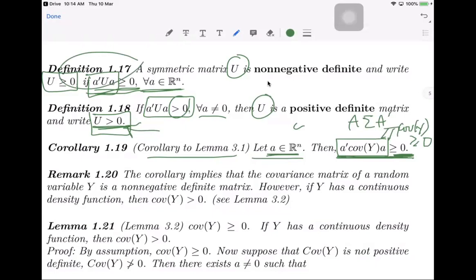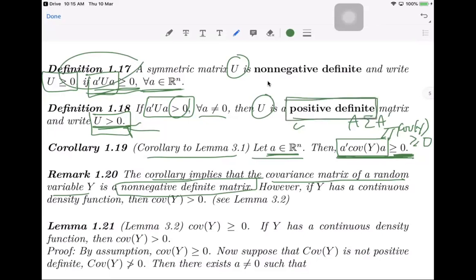This corollary implies that the covariance matrix of a random variable Y is always a non-negative definite matrix. Now, when will the covariance matrix be positive definite?